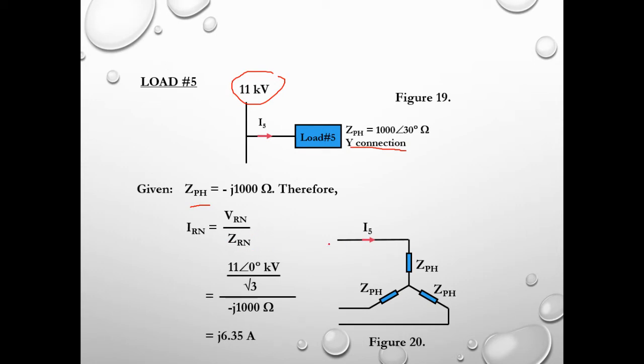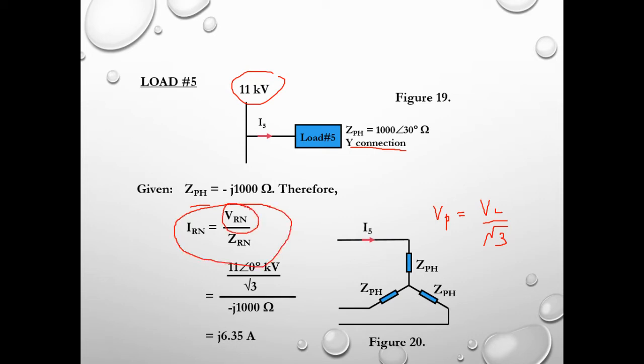Remember, when it comes to star configuration, the V phase is equal to V line over square root 3.